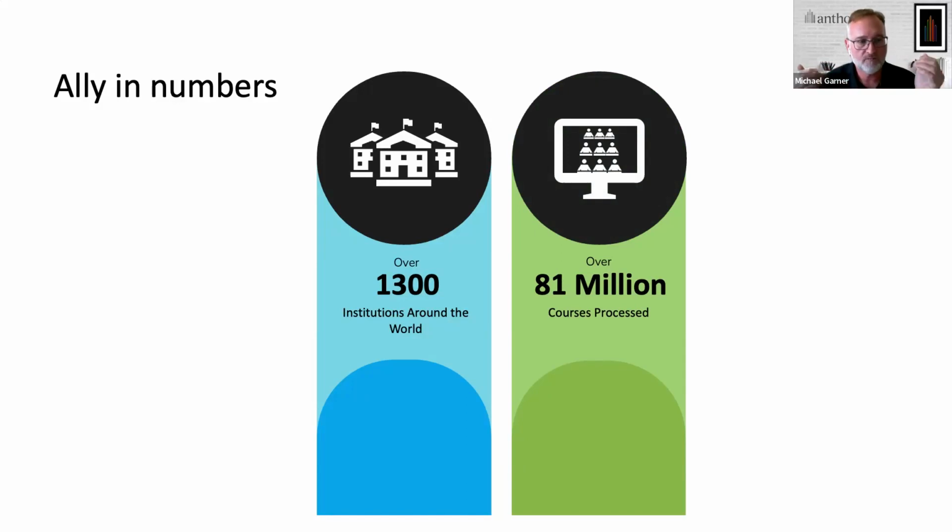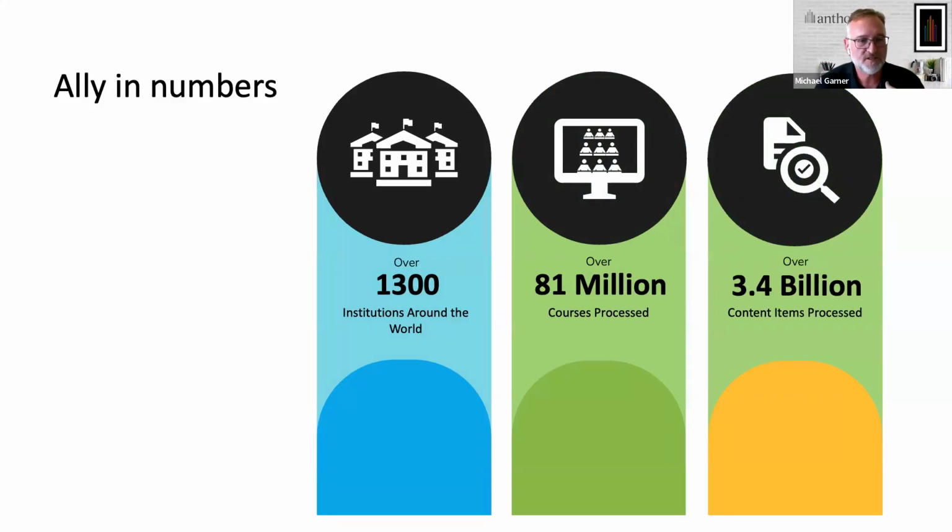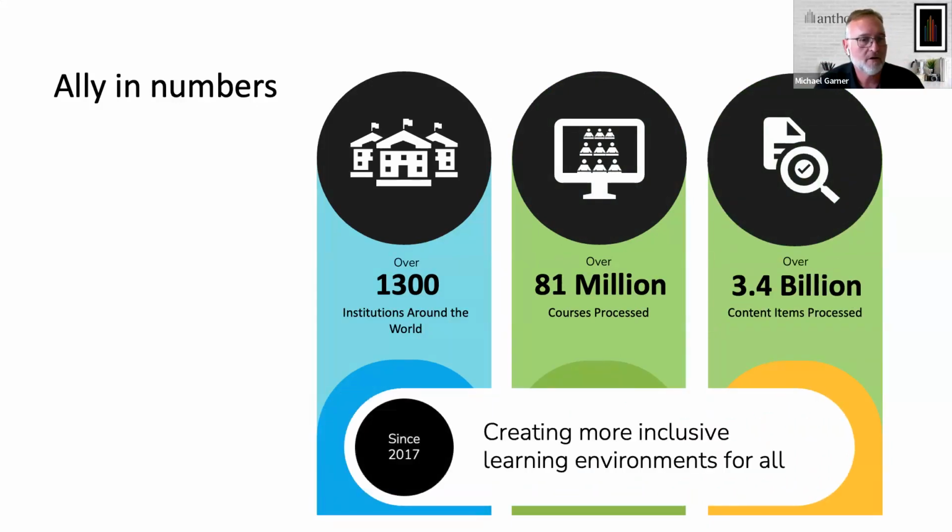That's where Ally primarily had its inception. So we've processed 81 million courses over the time, and that's resulted in a phenomenal amount of content items that have been processed. Ally is really around creating that more inclusive learning environment for everyone, and we've also extended that now to creating more inclusive public website environments as well.